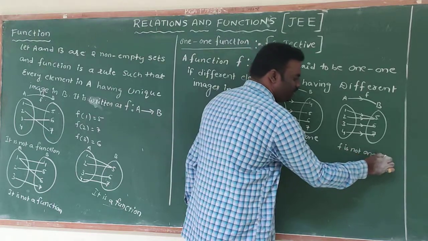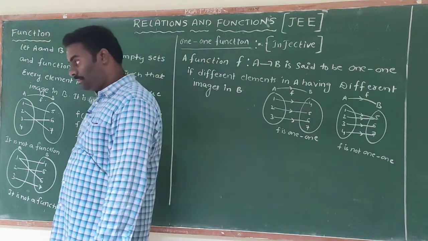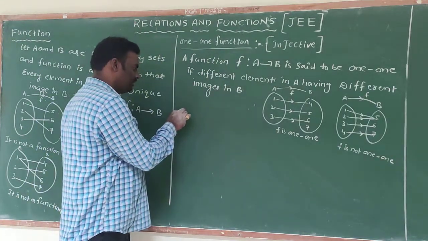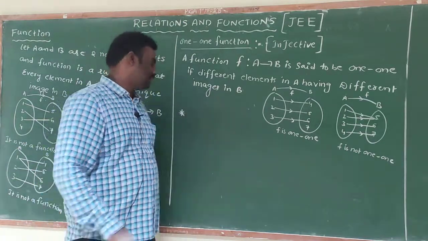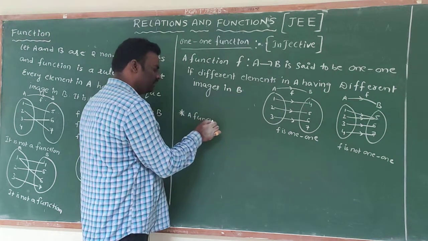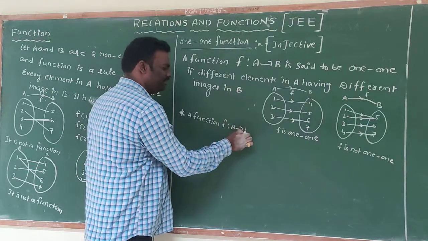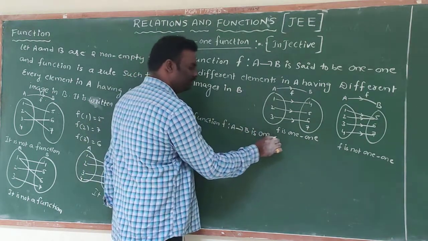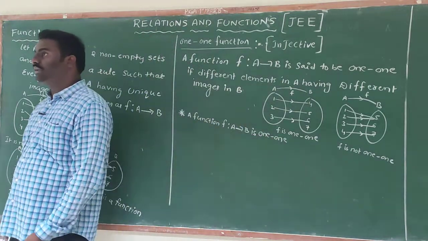So, this is one definition. But we are using a few more definitions in problems. A function f mapping A to B is one-one.